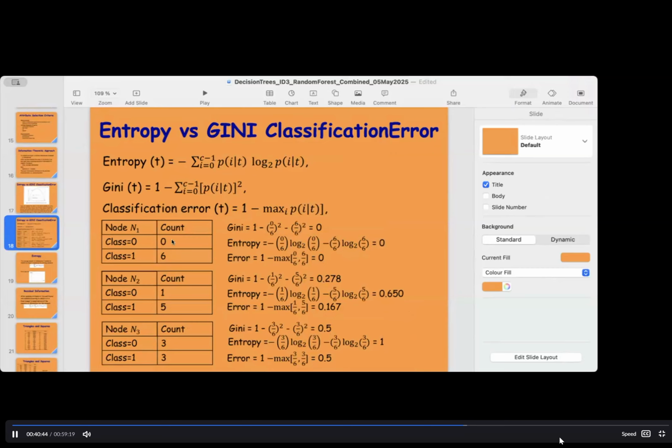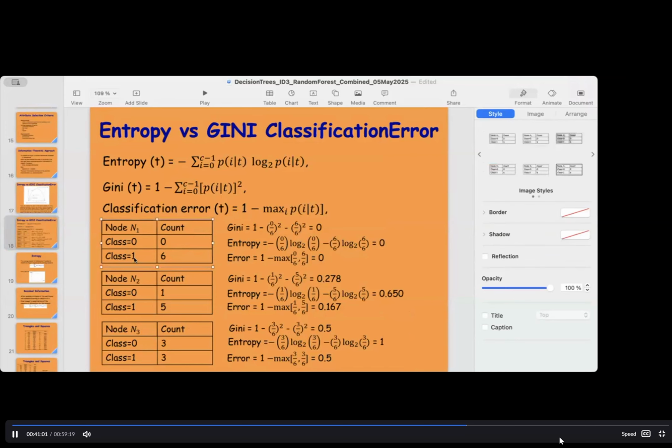The best situation is when we know what the class is and we have a leaf. That is, yes, go ahead and sail the boat. Yes, go ahead and play outside. This means if we split the tree in this way, all of our samples are of the same class.